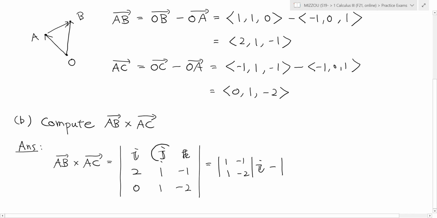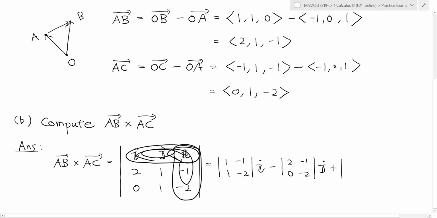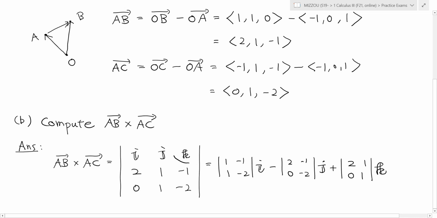Now you look at the middle one and eliminate all those. So 2, negative 1, 0, negative 2, J, plus, finally, the third component is look at the K and hide those. And then what you're left with is K. All right.